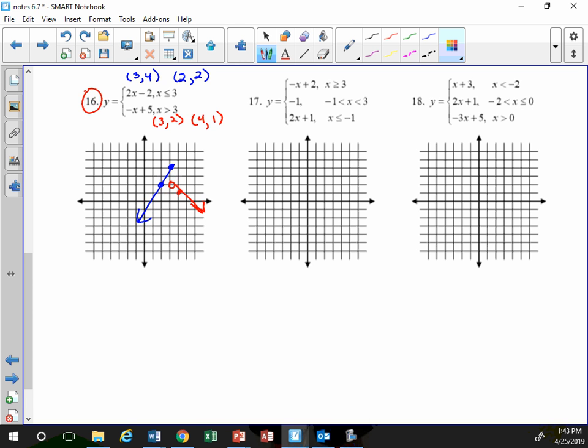So one kind of filled in the other, right? So this, and then this is over here. See, it's next to this. It's just a horizontal line.